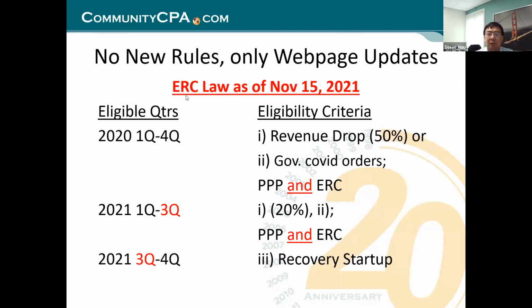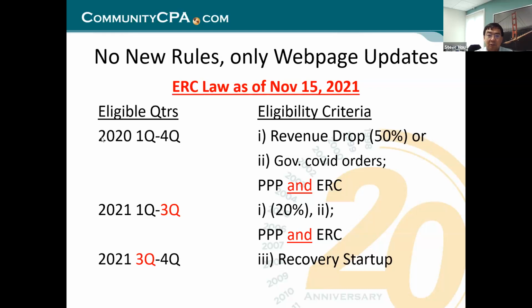So in terms of laws, it's been the same since November 15, 2021. If someone is telling you there's been a new law in 2022 or 2023 that made you eligible, that cannot be true. There are no new laws after November 15 of 2021.